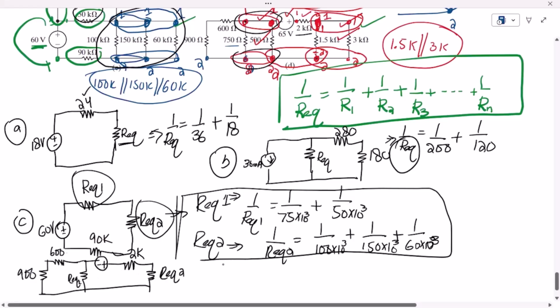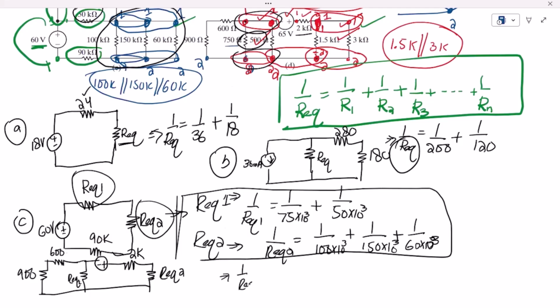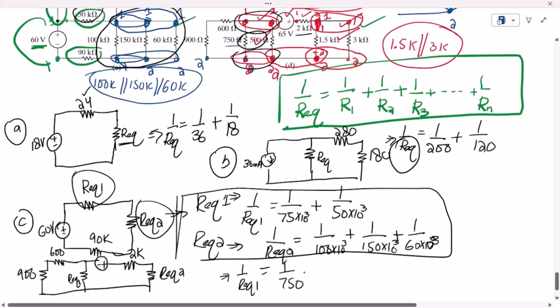Now in order to find out R equivalent 1 and R equivalent 2: in R equivalent 1 you have to find the combination of 500 and 750. That would be 1 over R equivalent 1 is equal to 1 over 750 plus 1 over 500.